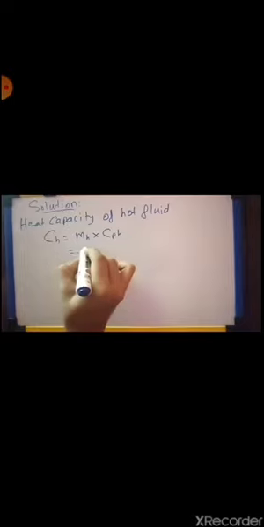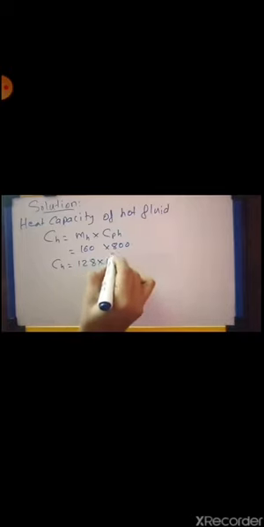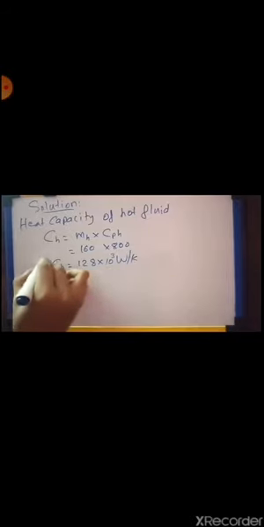First, heat capacity of hot fluid CH is equal to mH into Cph, that is 160 into 800. We get CH is equal to 128 into 10 power 3 watt per Kelvin. It is the unit of heat capacity, watt per Kelvin.